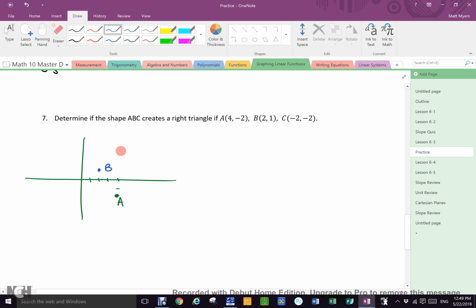Where's C? Left. 1, 2. Down. 1, 2. And then you connect the dots. Where is the only possible 90 degree? Right there. You can find the slope in how many ways?